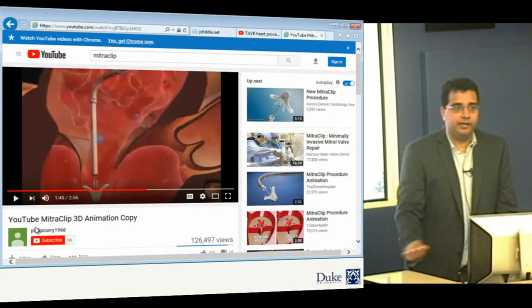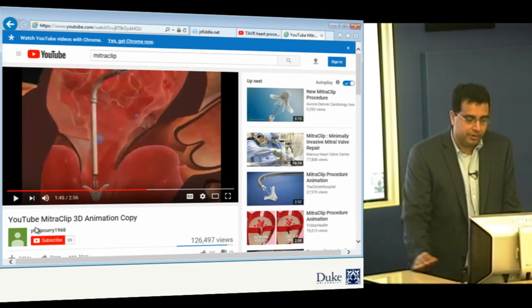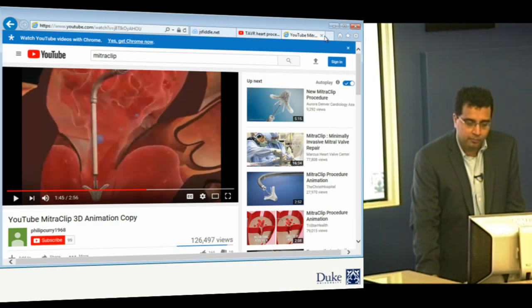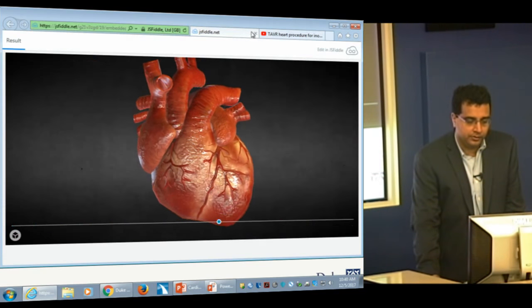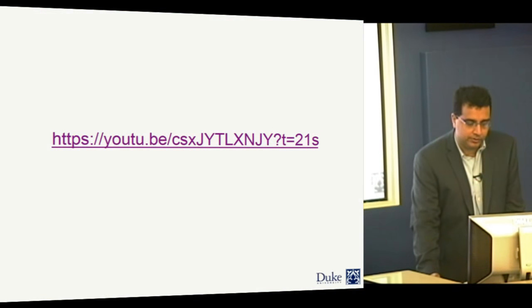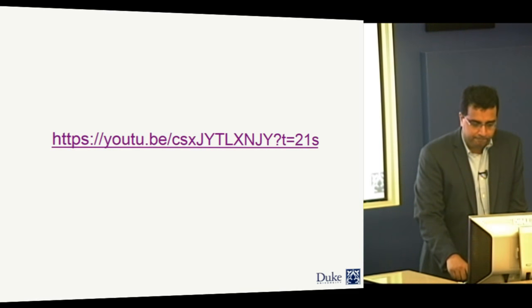So hopefully you get the idea there: instead of doing surgery, we're using percutaneous techniques to deploy what amounts to a fancy staple to bring those valve leaflets together and reduce the amount of mitral regurgitation. Again, more to see here. There's an ongoing COAPT trial that Duke is part of that is looking at using this to reduce the incidence of heart failure, okay? So some of you will certainly get involved with that.